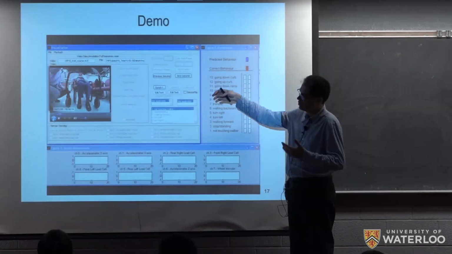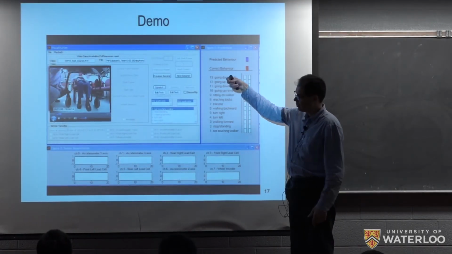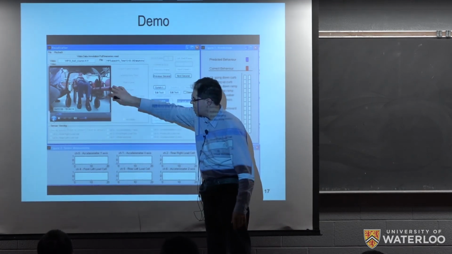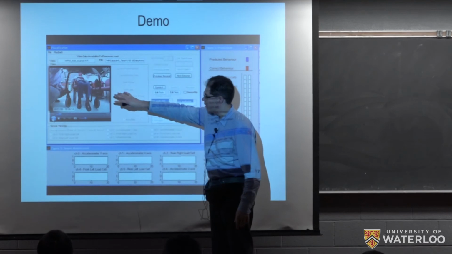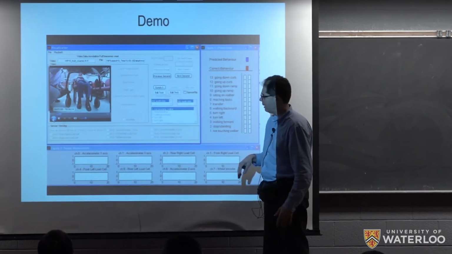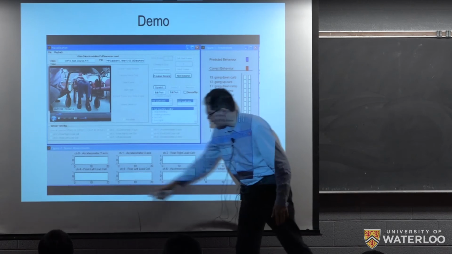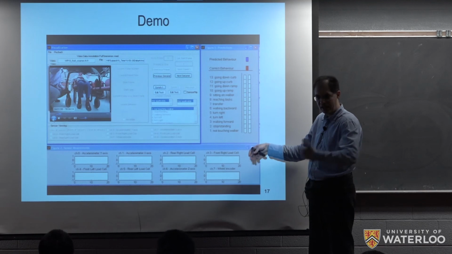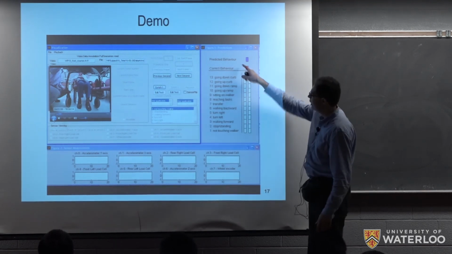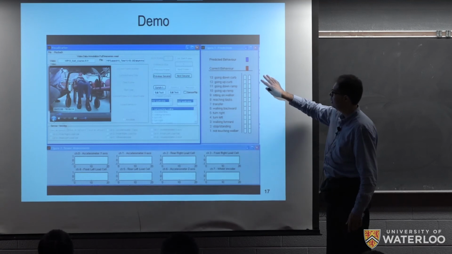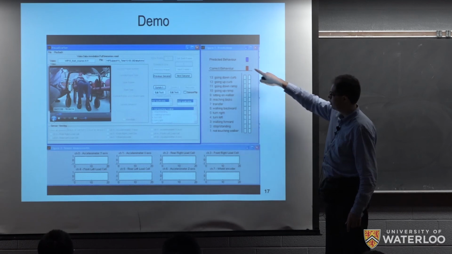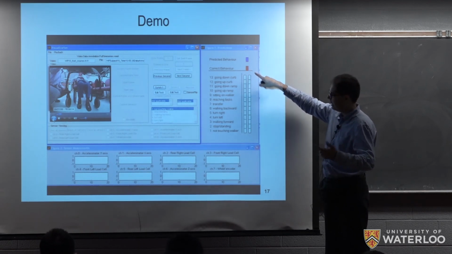In this demo, this was one of the instances where we had a resident at Winston Park who went through the walking course that I just explained. You'll see in this field of view the legs of the person. This is the camera pointing backwards. At the bottom, you'll see the 8 sensors, and their measurements will fluctuate as the video progresses. On the right panel, we've got the 13 behaviors or activities, and the correct behavior will be highlighted in red.